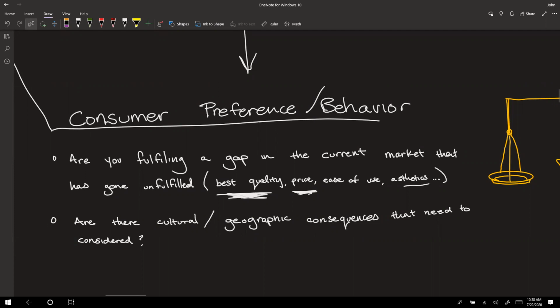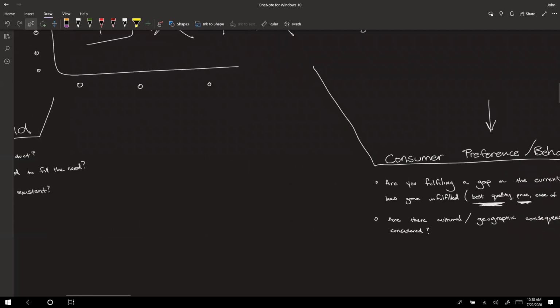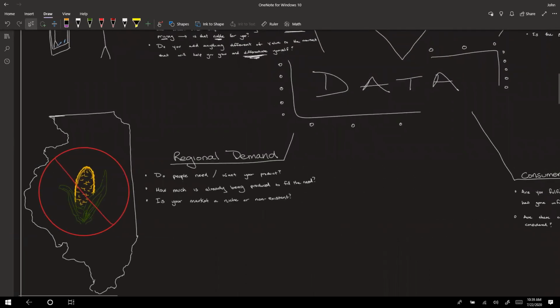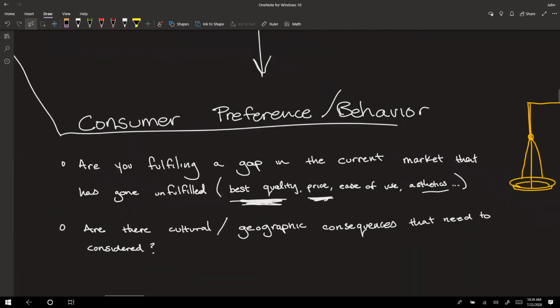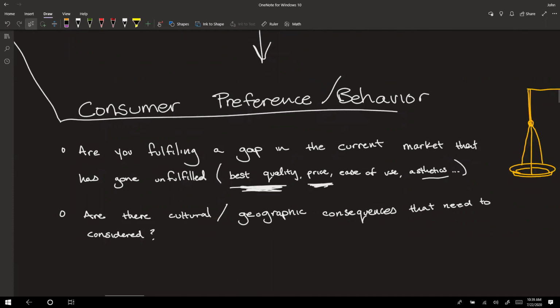And then, are there cultural or geographic consequences that need to be considered, right? Similar to the example over here with selling corn in Illinois, because that market is already saturated, there are also geographic or cultural consequences.